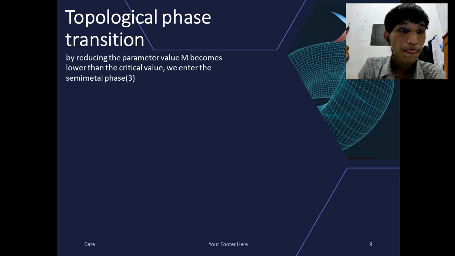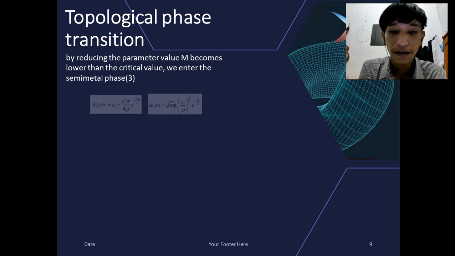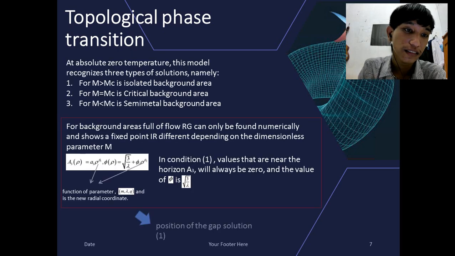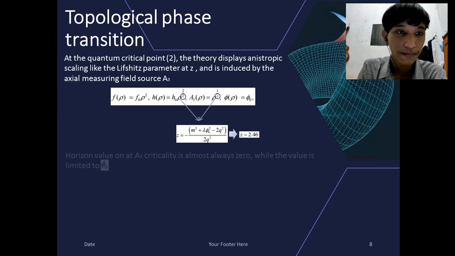After that, by reducing the parameter m to lower than the critical value, we enter the semi-metal phase. For the semi-metal background area, the identification is m less than MC.